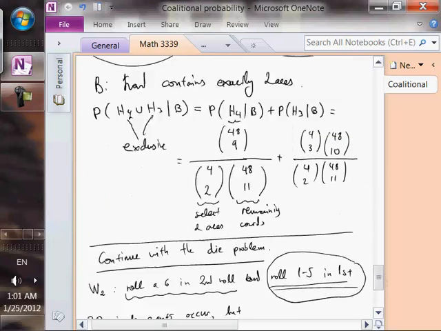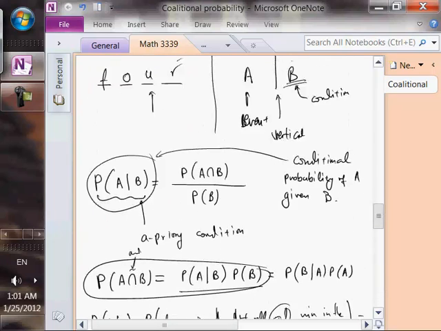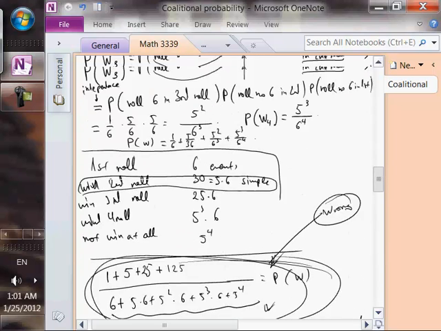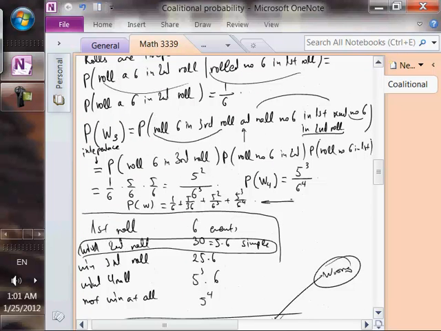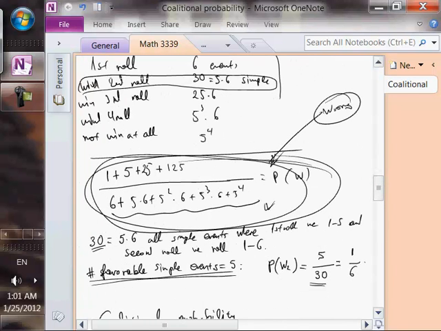So the correct answer is this, as we did it here. That's the correct one. And this, which was derived by putting all simple events together and assigning to them the same probability, is wrong. So just eliminate this.